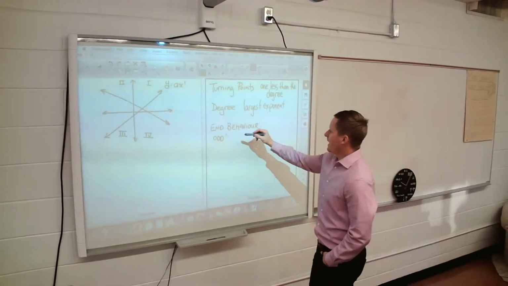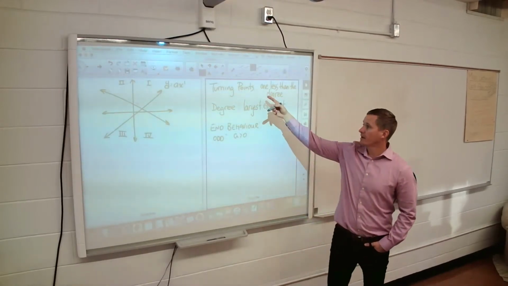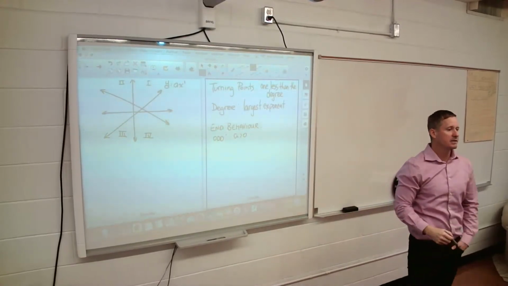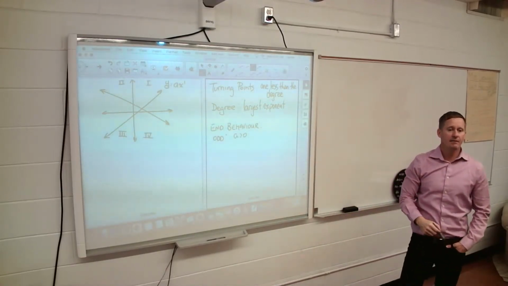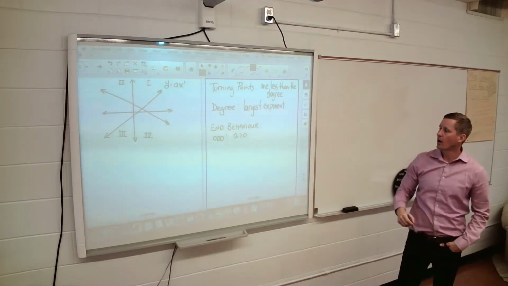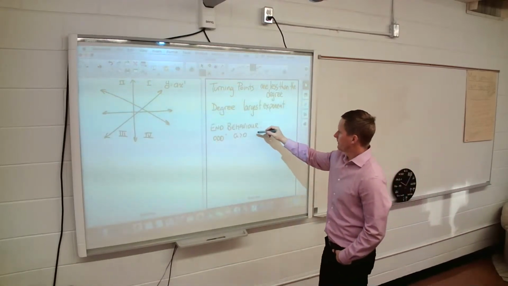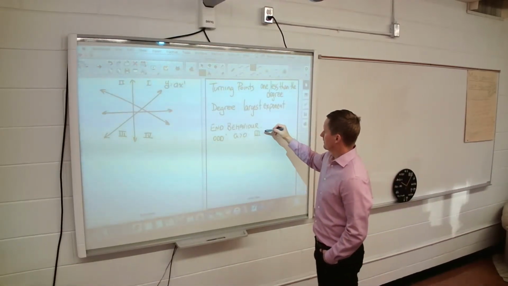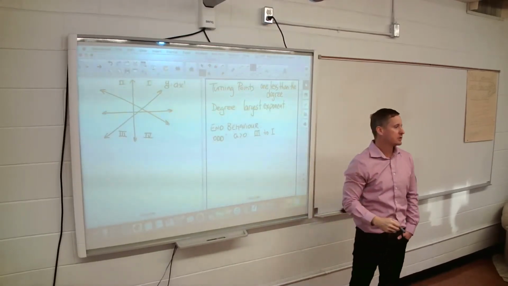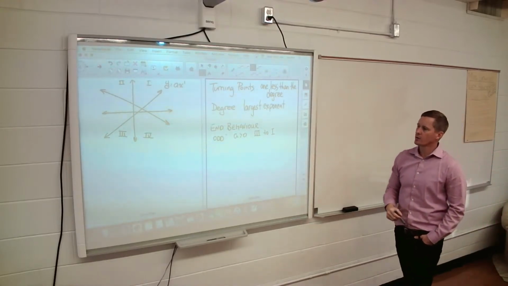If a is greater than 0, meaning that my a value right here is positive, the end behavior for an odd degree is 3 to 1. And we write it out with quadrant values, so we use Roman numerals. So quadrant 3 to quadrant 1.